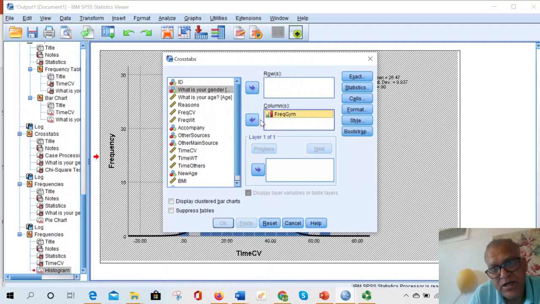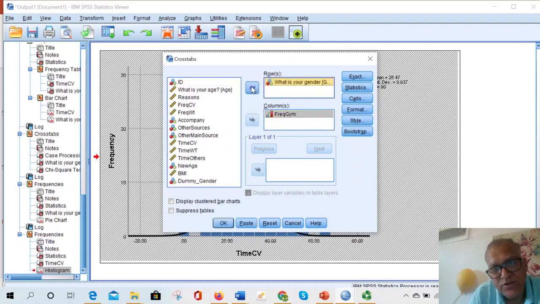We want to know the relationship, remember hypothesis, between frequency of going to gym, let's put in the column, and gender, let's put in the rows.